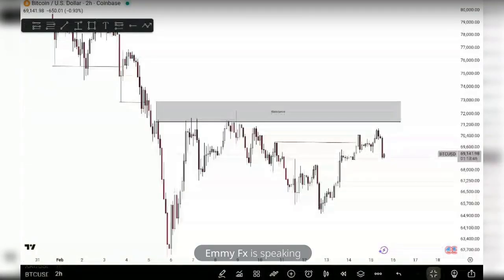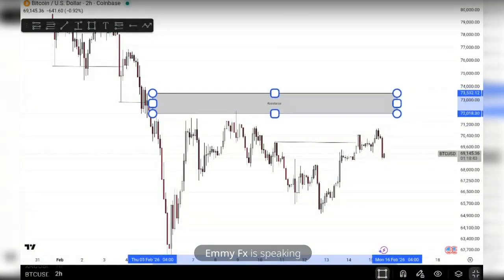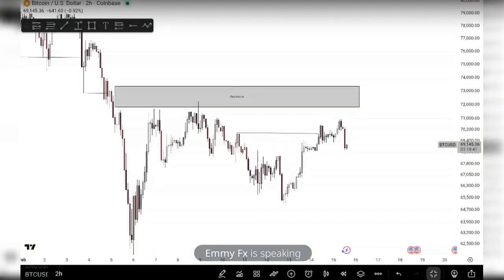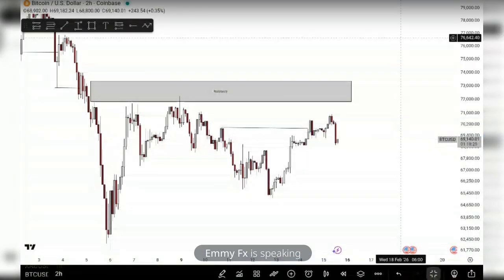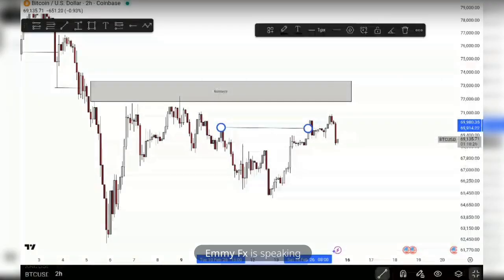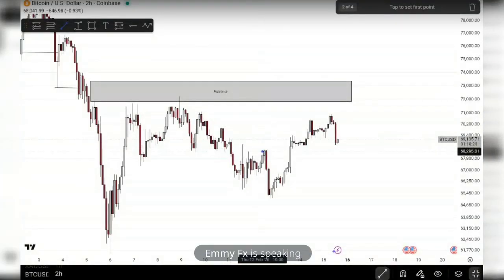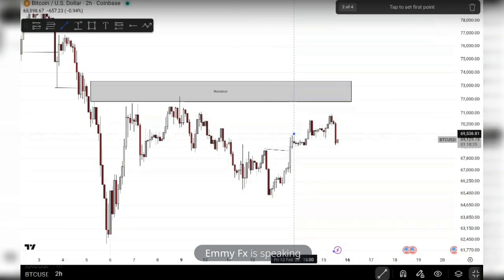In the 2 hour time frame, as I say, here is a key resistance zone. We have this break of structure to the upside. We swept liquidity. It's not a point for you to take a trade, but if we read the internal structures price is giving, we have this break of structure, and also this one, and this one.